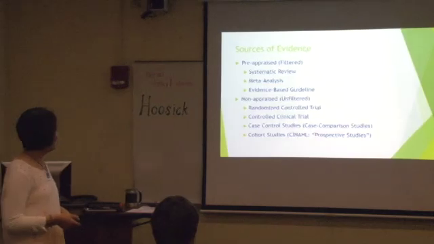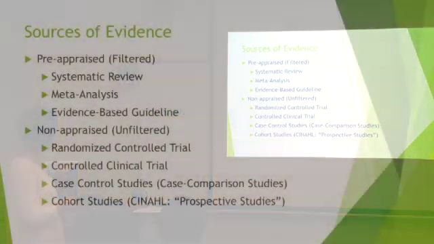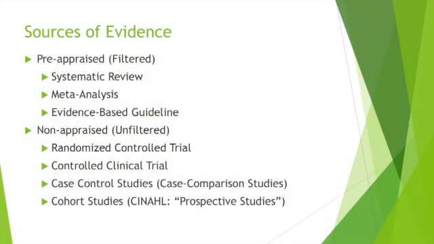Okay, and then sources of evidence. We can categorize them into two big categories: pre-appraised, which we call filtered information. So systematic reviews, meta-analyses, and evidence-based guidelines are ones where somebody has already synthesized and evaluated the evidence, right?